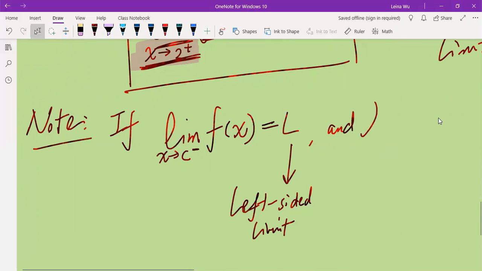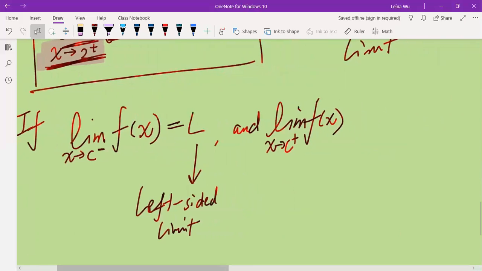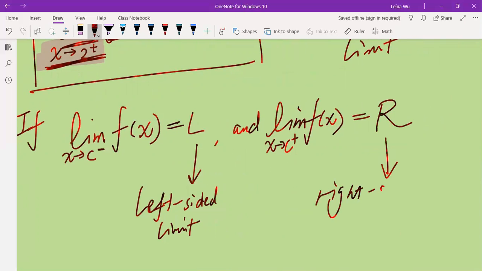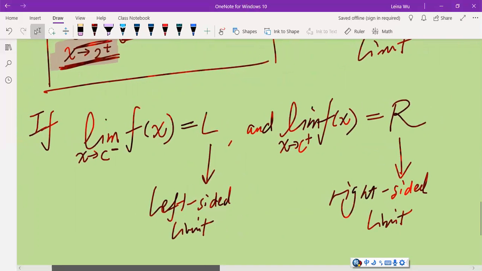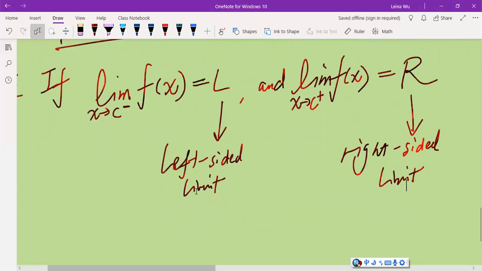And the limit of f of x when x approaches c from the right equals R. R referring to the right-sided limit. Okay, so left-sided limit being L and right-sided limit equals R.